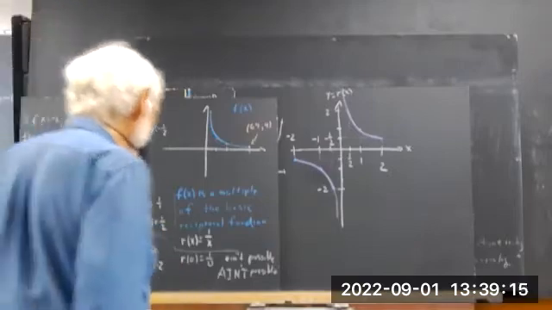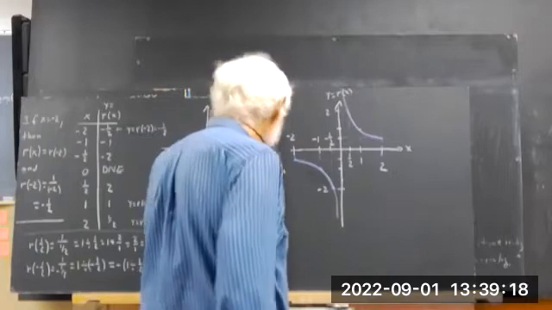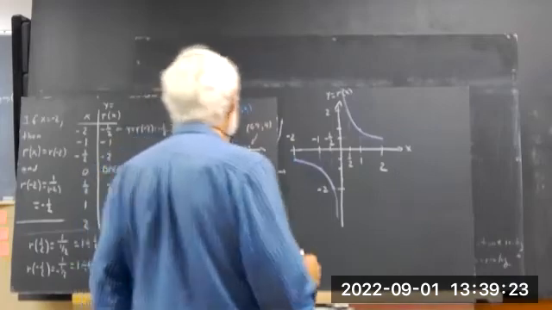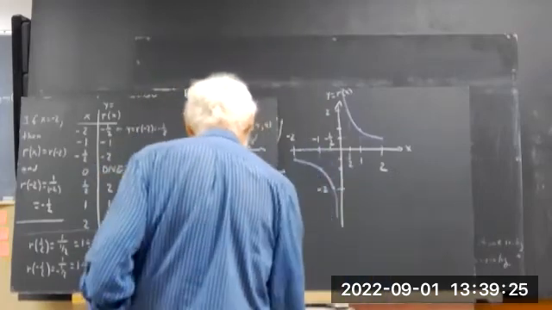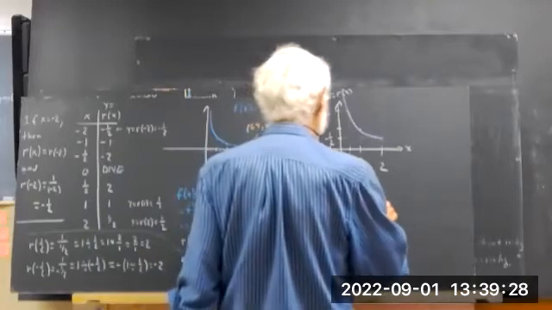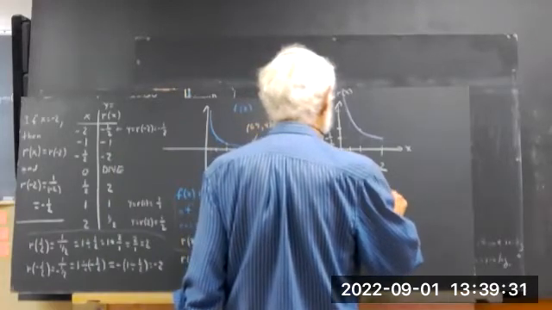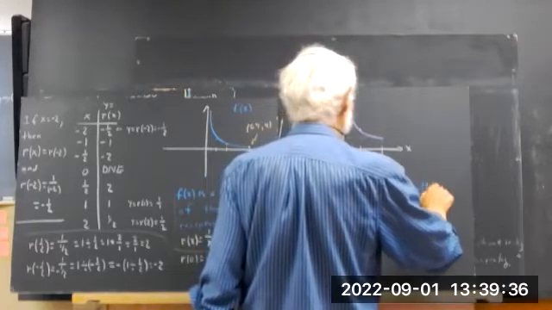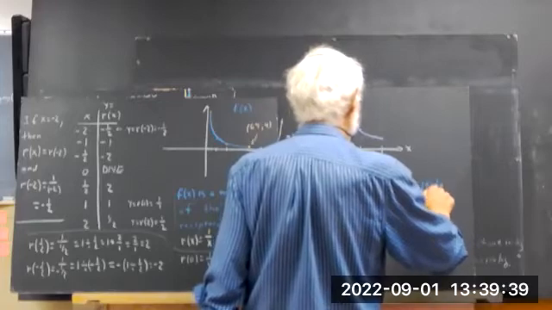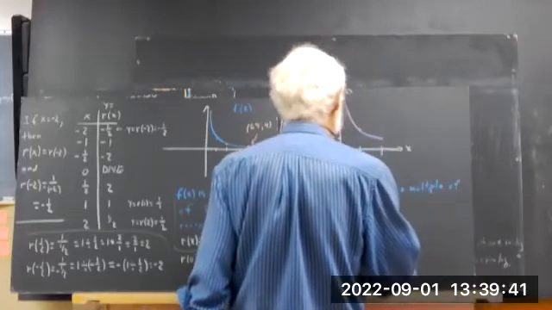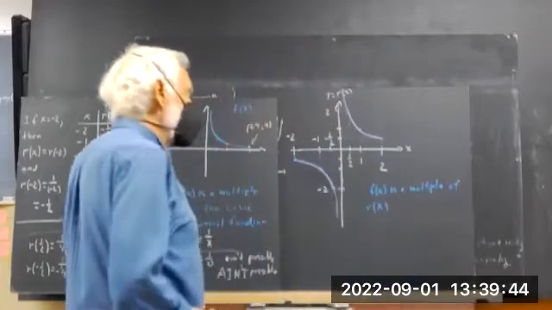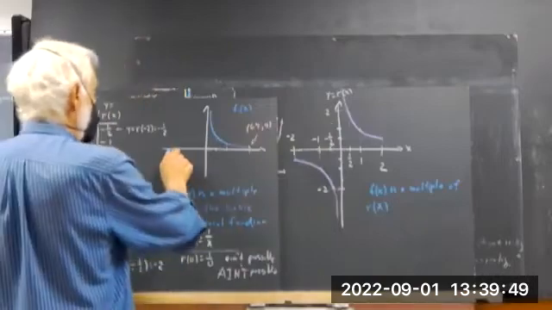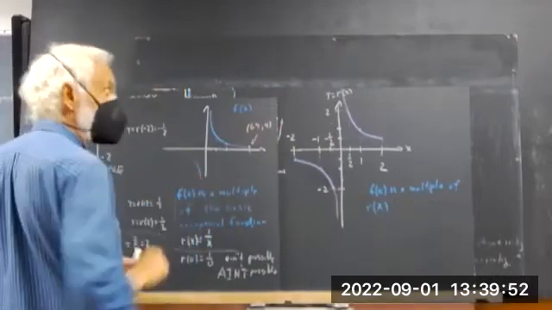I want to prove, well, first of all, I'm going to say that f of x is a multiple of r of x. The graph has identically the same shape. Of course, f of x also has a branch over here.